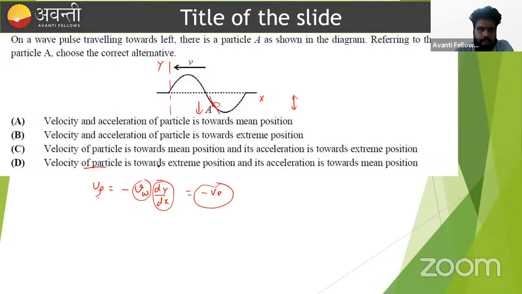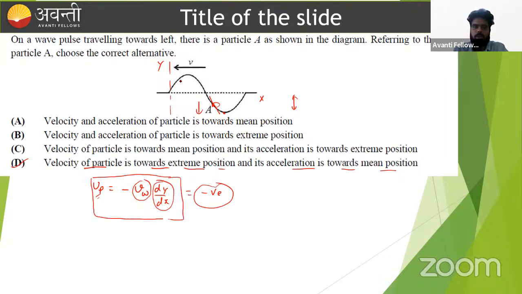We can say velocity of particle is towards the extreme position, because this is the extreme position. And acceleration is toward the mean position. I hope this is clear. So we choose option D. In SHM, we can check the velocity of particle from this equation after seeing the slope of the diagram.